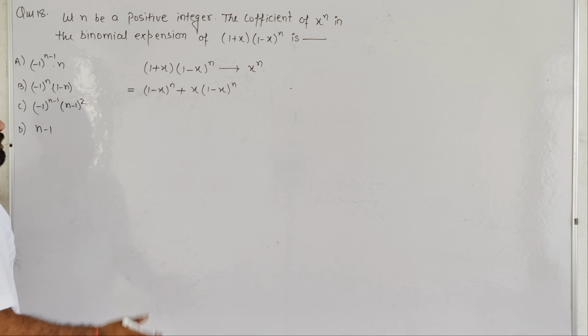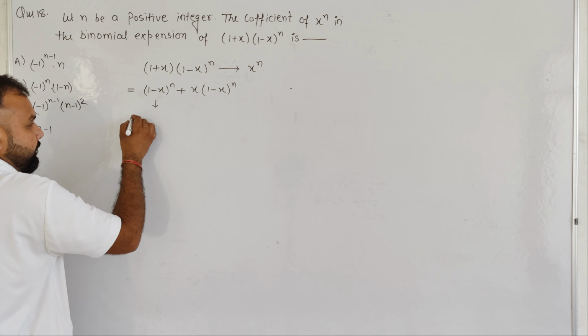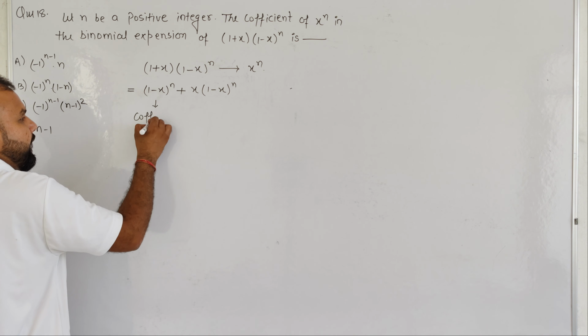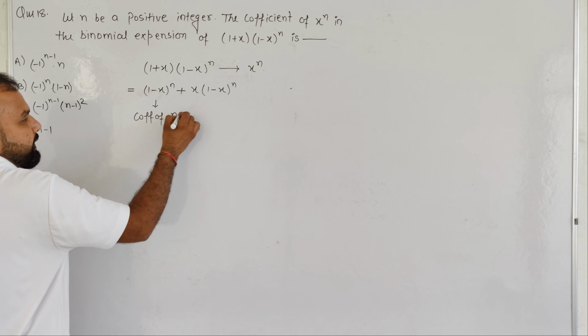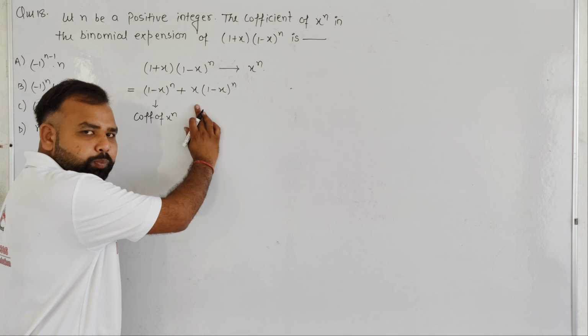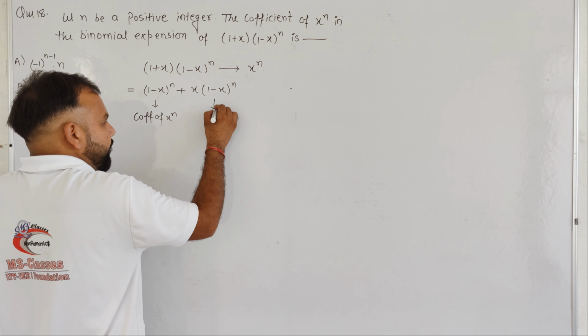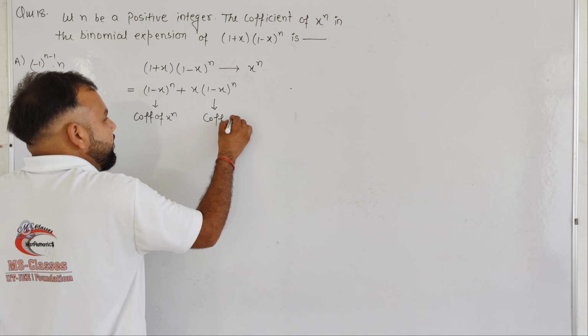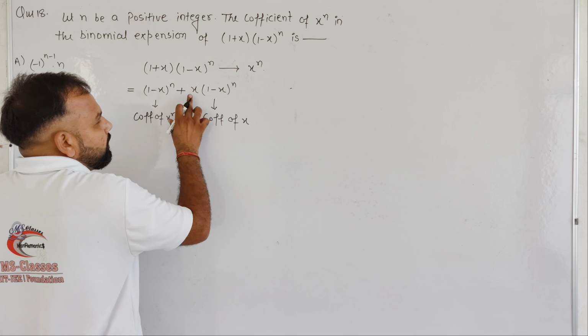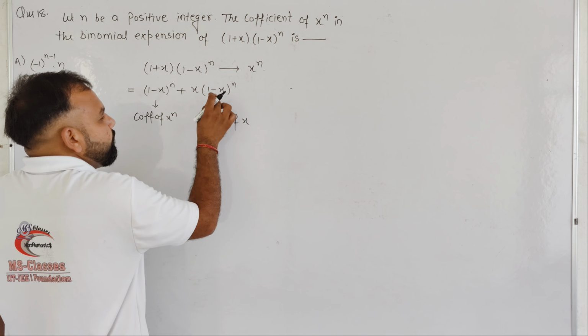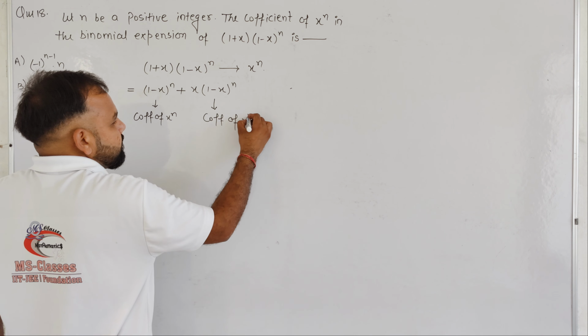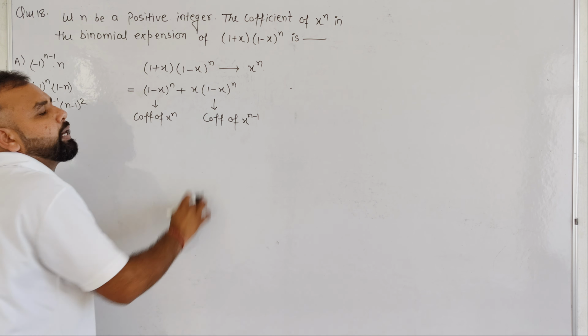Okay, student. So in that bracket, we need the coefficient of x to the power n. But in this bracket, x is already present, so we want to find the coefficient of x to the power n minus 1 in this bracket.